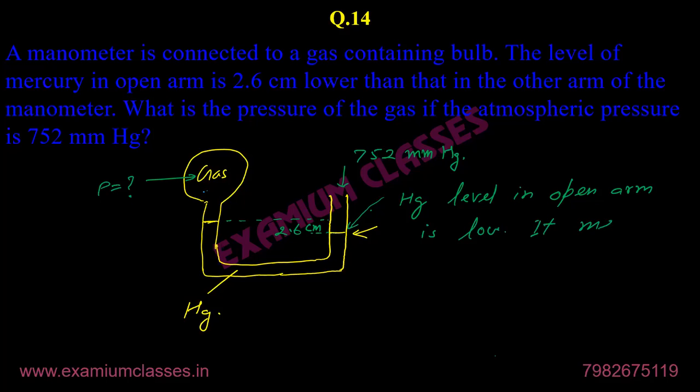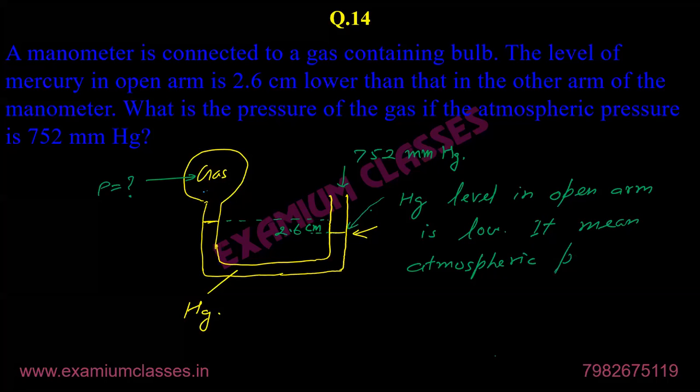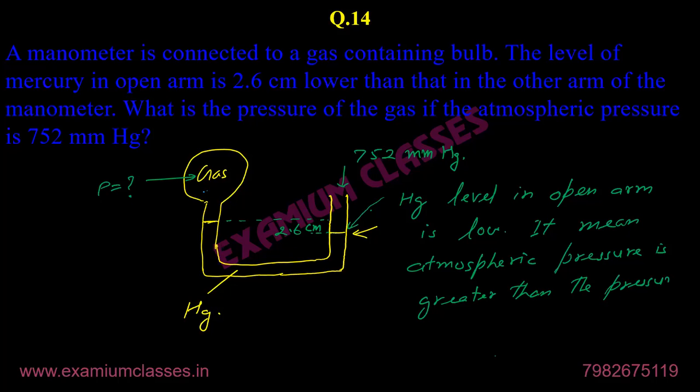It means atmospheric pressure is greater than the pressure in the bulb. Okay. This is bulb.